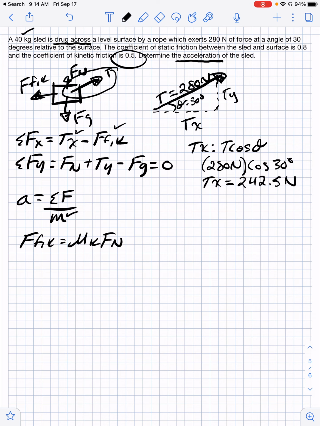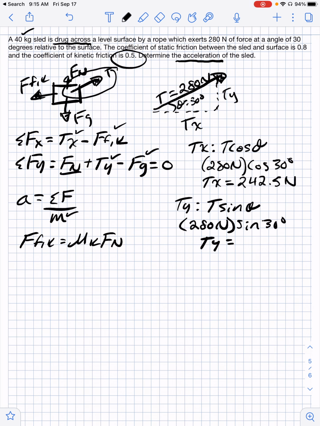For our Ty, that is going to be opposite the 30-degree angle, so we're going to use the sine function. We end up with T sine theta. We plug that in, and we get 280 newtons times sine 30 degrees, and you end up with Ty equal to 140 newtons.